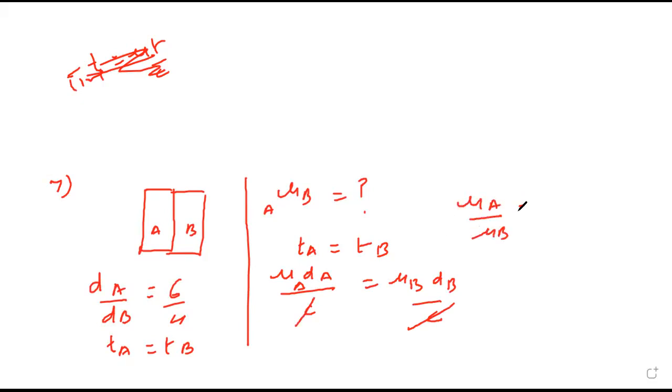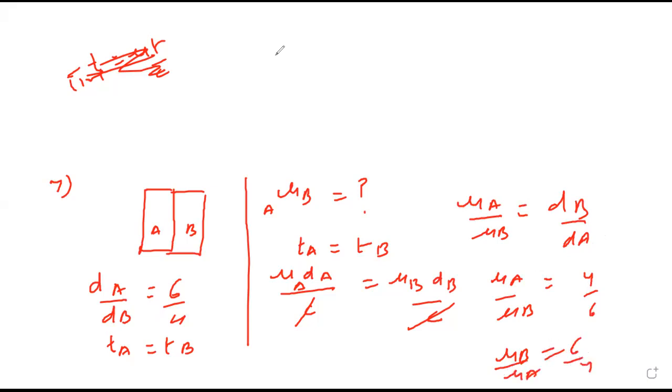So mu A upon mu B is dB upon dA. So mu A upon mu B equals to 4 by 6. Therefore, refractive index of B upon A will become 6 by 4. That is refractive index of B with respect to A, 3 by 2 equals to 1.5.